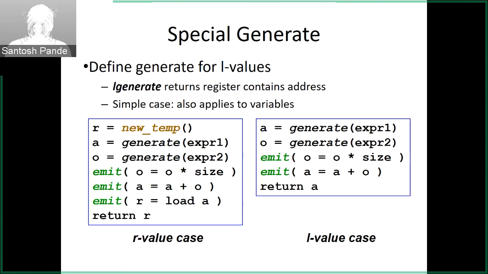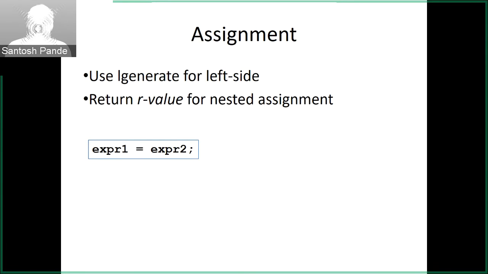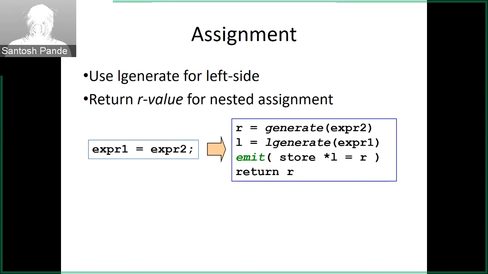But in this particular case, things will be simple. The L value means it's a location which is being returned here, and that location is A, for example, which is the result of this arithmetic, base plus offset, and then the eventual assignment function will generate a store of a particular value into A. So in this particular case, it's shown how we'll generate the L value, first of all, through L generate.